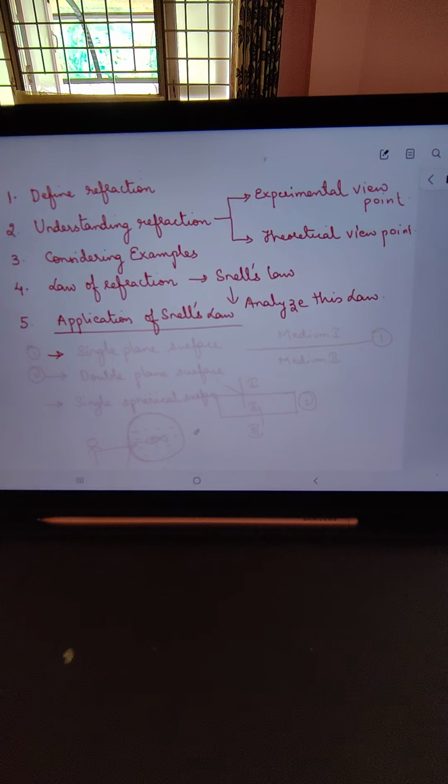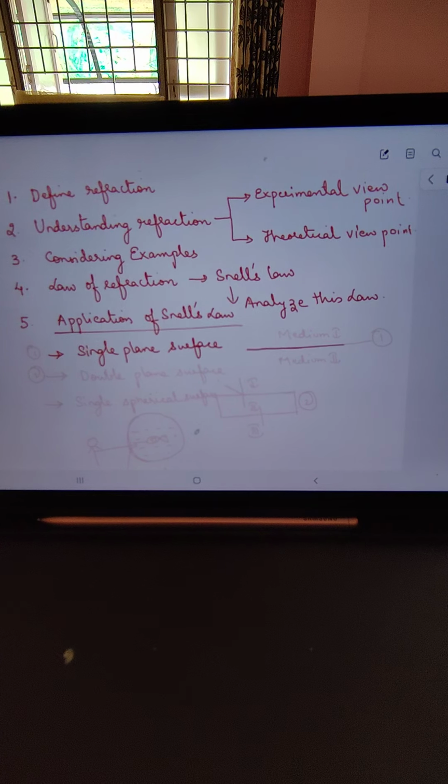You might have many geometries of the separating surface, but in class 11th and 12th we limit our geometry to a certain type. So first we'll study refraction across a single plane surface. So the boundary is a plane.